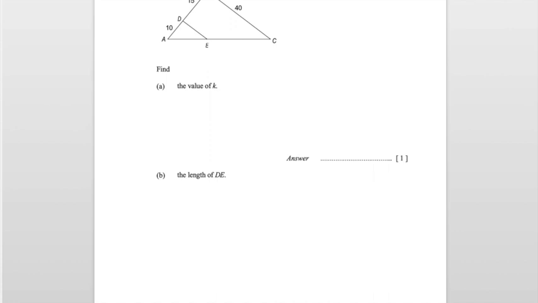The next sum is on similar triangles. And here it is talking about a scale factor. To find a scale factor, first we have to think of this as two triangles, a smaller one and a bigger one. Okay, the smaller one is 10 and the bigger corresponding side is 25.